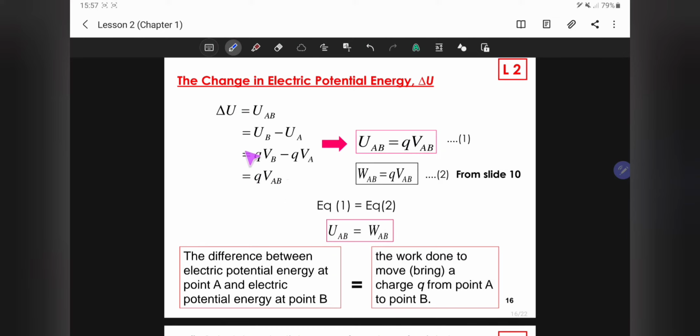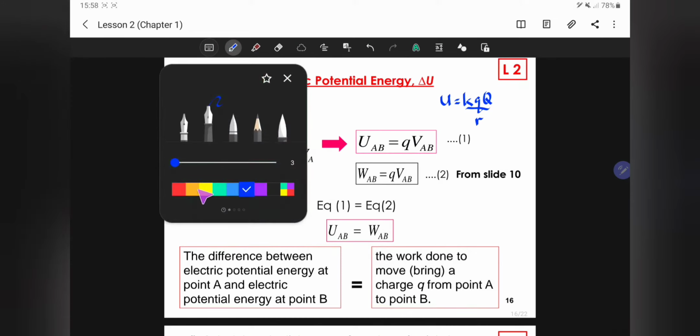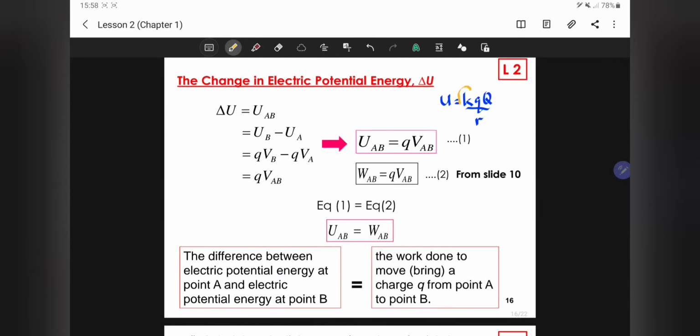Okay, how do we get this? So remember, the equation is U equals KQQ over R, isn't it? Let's say at point B, KQ over R represents VB. So U equals Q multiplied by the value, which is VB.